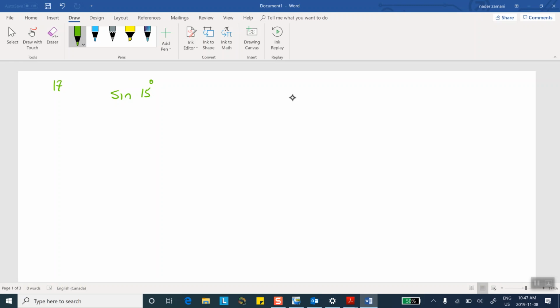Sine of 15 is sine of 30 over 2, and I know everything about sine of 30. So the formula we're going to use is equal to plus or minus the square root of 1 minus cosine of u divided by 2, where u is 30 degrees.